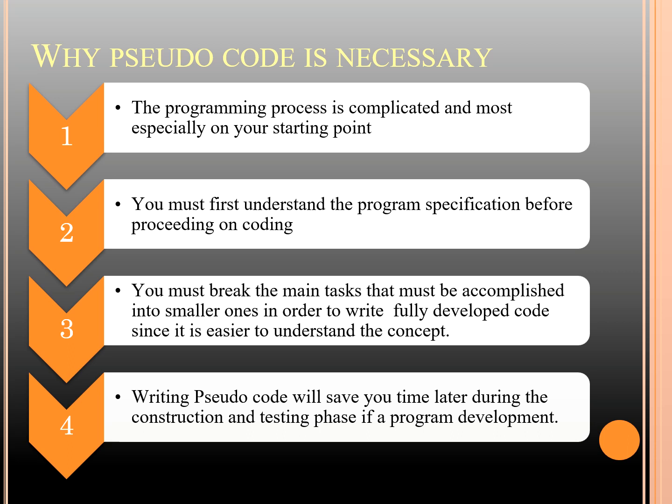Third, you must break the main task that must be accomplished into smaller ones in order to write fully developed code, since it is easier to understand the concept. And fourth, writing pseudocode will save you time later during the construction and testing phase of the program development.